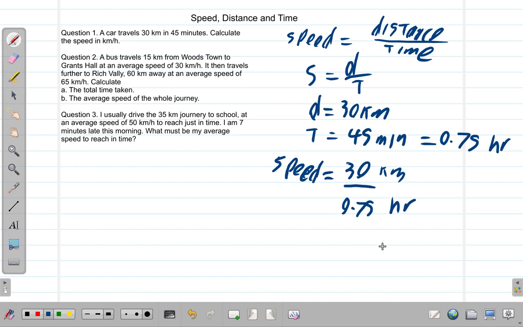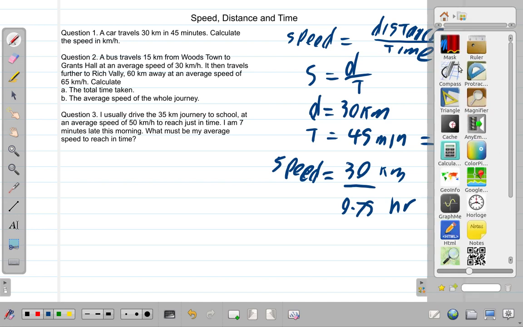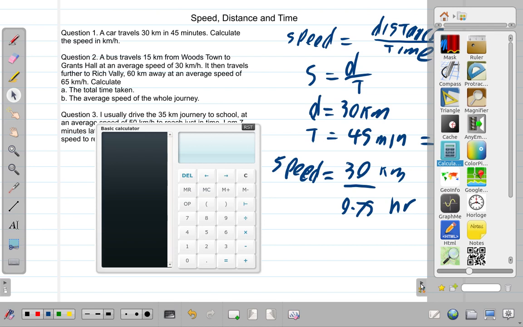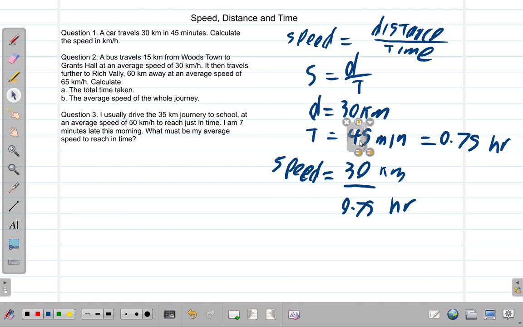Let us get our calculator and deal with that quickly. 30 over 0.75 equals 40. So that's 40 kilometers per hour.